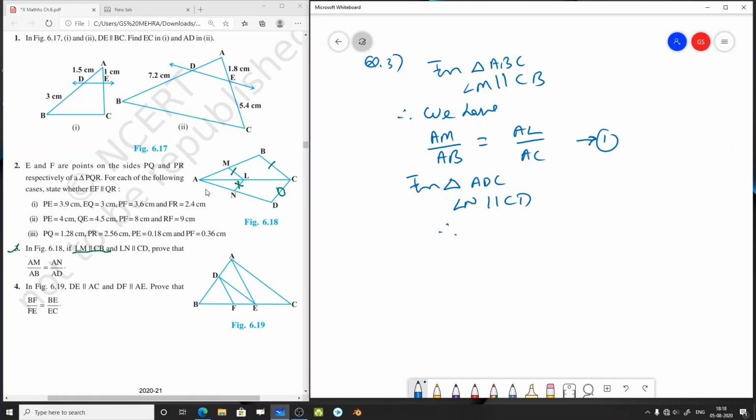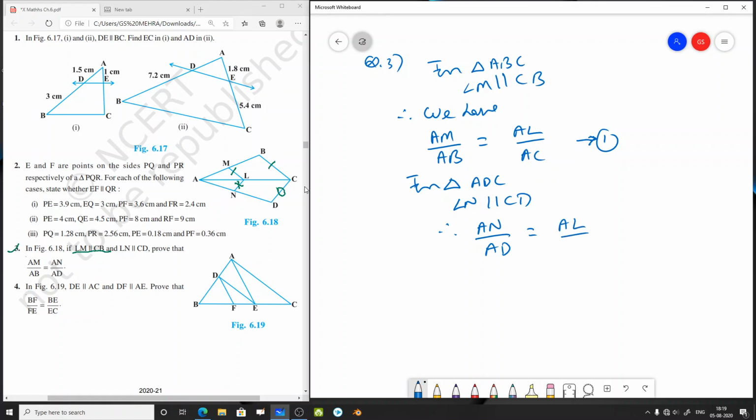Therefore, from the figure you can see the corresponding side of AL is AN. Or let us take it the other way around. Let us see the right hand side of the given equation. What is that? AN by AD. So we will take AN. Therefore, AN by AD equal to, now from the figure you can see the corresponding side of AN is AL.